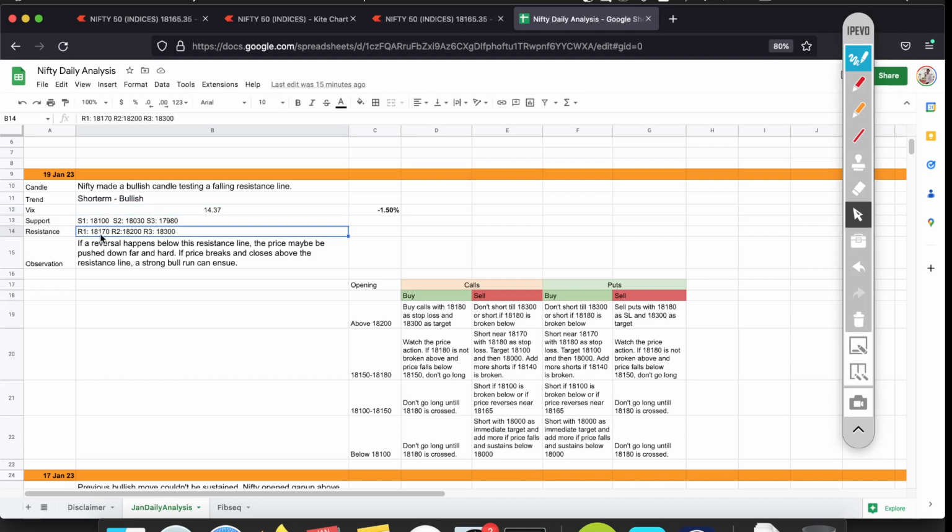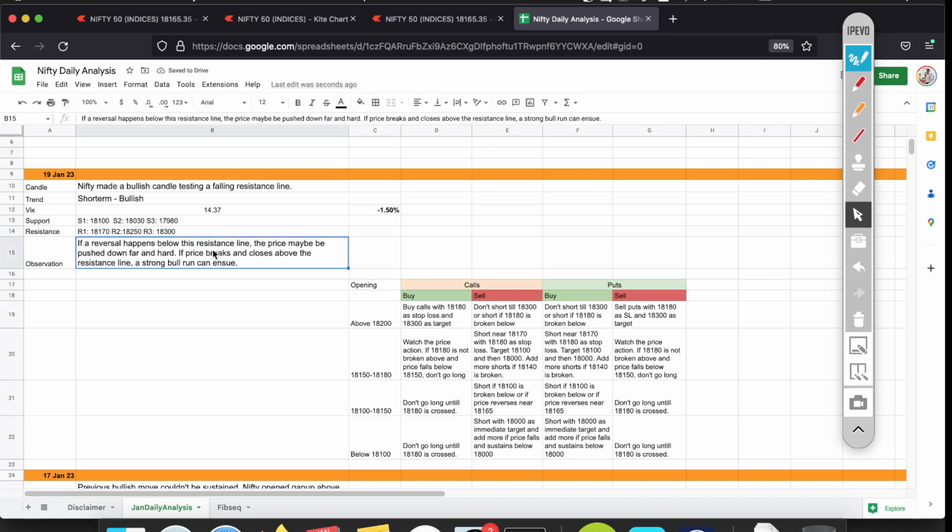The resistance is at 18,170, kind of 180 you can say, that is today's high. And then the next resistance is at 18,200, and the next resistance can be thought of as being at 18,250, because if that high is taken out, then 250, and then the next one would be somewhere around 18,300.